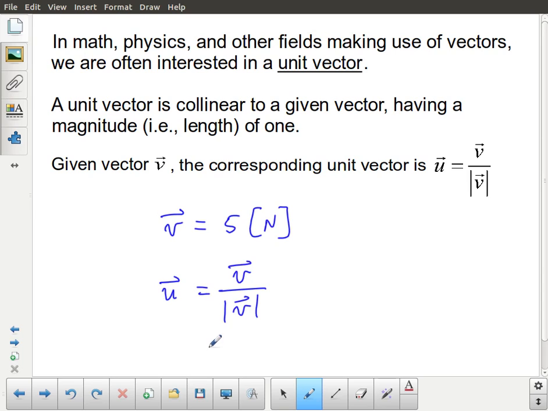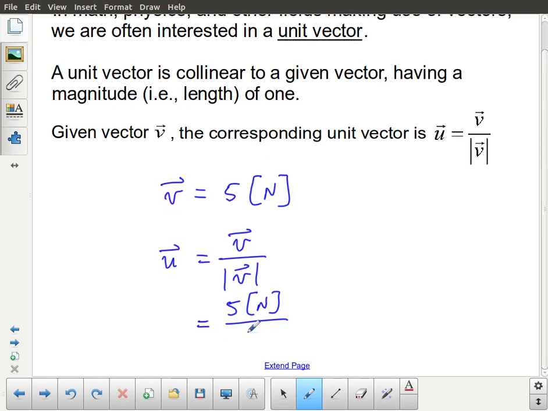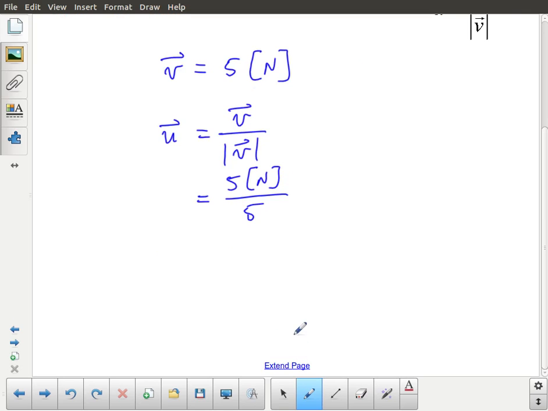In this case, the vector v would be 5 north. The magnitude of v, how big is v after we ignore the direction? Well, that's just 5. And of course, those divide out, and we end up with our unit vector being just equal to 1 north. And that's just one example of how you might do that.